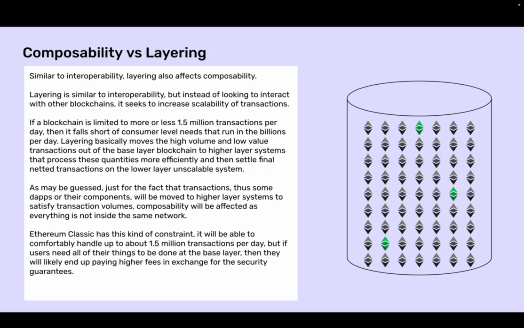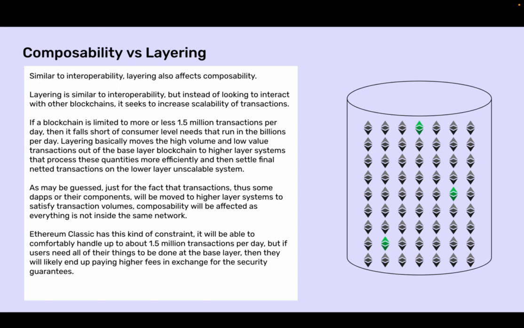Composability versus layering. Similar to interoperability, layering also affects composability. Layering is similar to interoperability, but instead of looking to interact with other blockchains, it seeks to increase scalability of transactions. If a blockchain is limited to more or less 1.5 million transactions per day, then it falls short of consumer level needs that run in the billions per day.